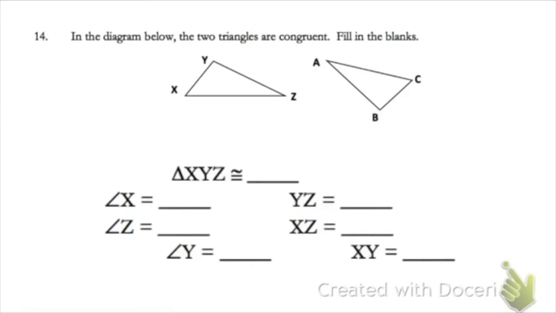So angle X corresponds to angle C, and angle Z corresponds to angle A. Now you're not going to just put the letters, you're going to put "angle" with it.